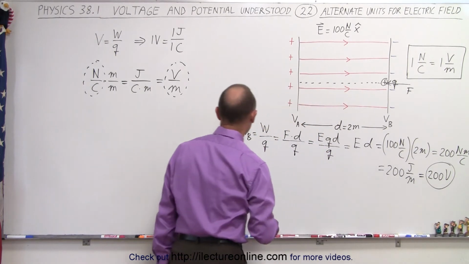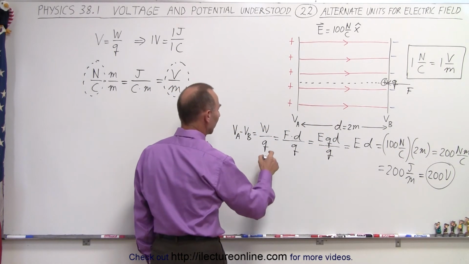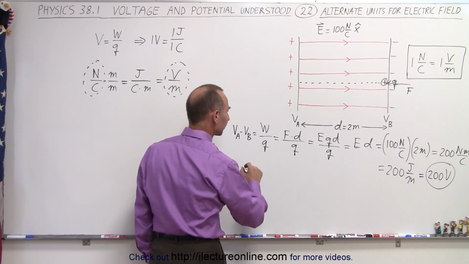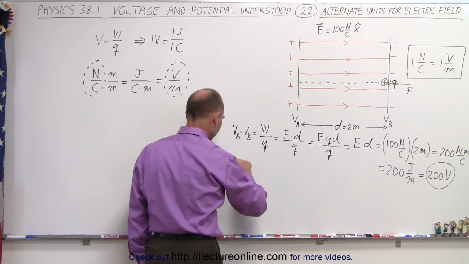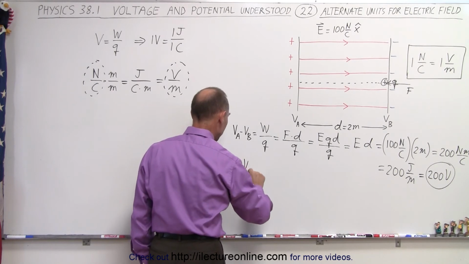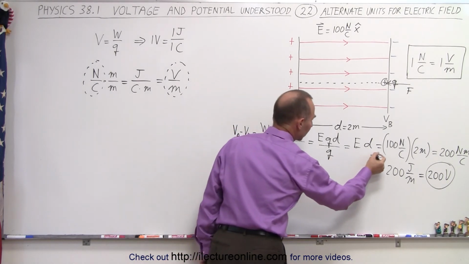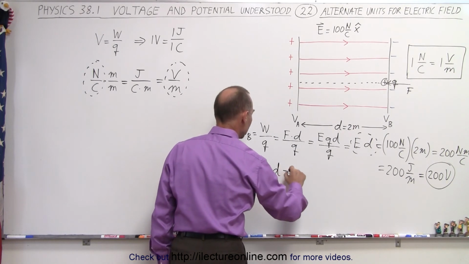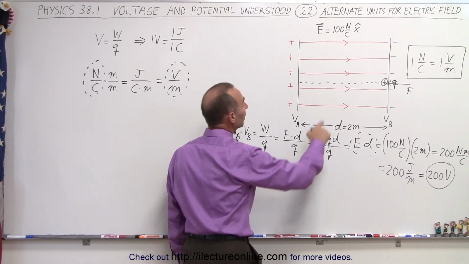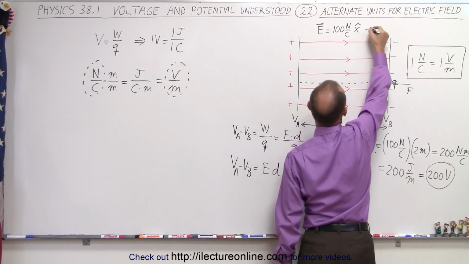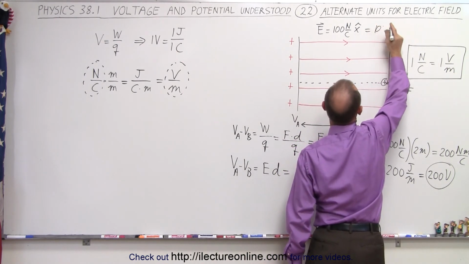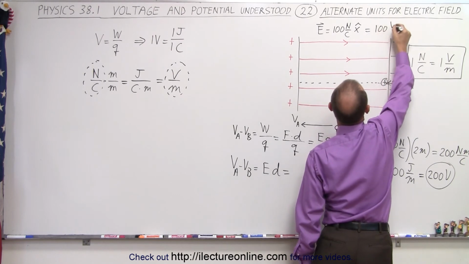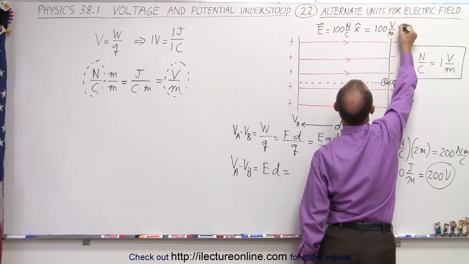In the same way, we could say that the potential voltage VA minus VB is equal to E times D, and then instead of calling the electric field 100 newtons per coulomb, we can call it 100 volts per meter in the x direction.